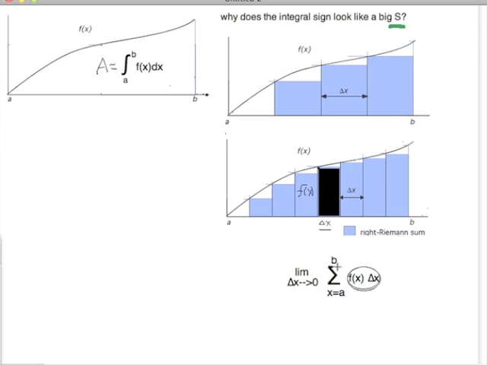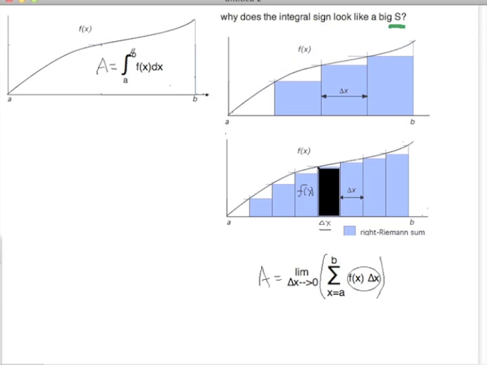Here we are summing from a to b all of those rectangles. And the last step is to take the limit as delta x gets small, or delta x goes to 0, of this entire expression. And you can imagine that the area would be the solution to this problem right here.